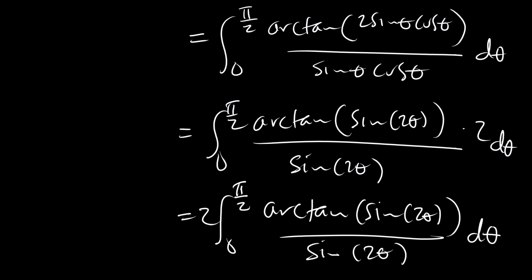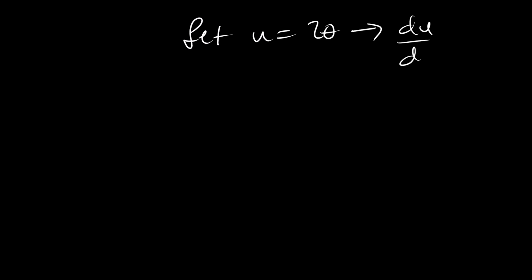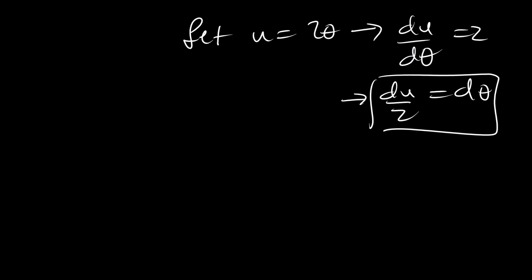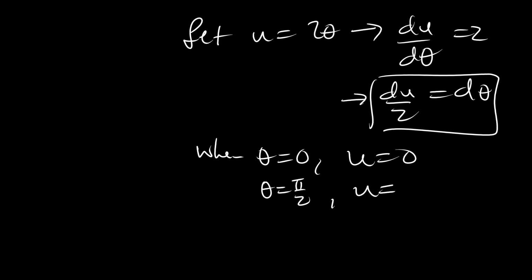Now we could even just substitute and say let u be equal to 2 theta. That means that du d theta is equal to 2, and that means that du over 2 is equal to d theta. When theta equals 0, u equals 0. When theta equals pi over 2, u is equal to pi.